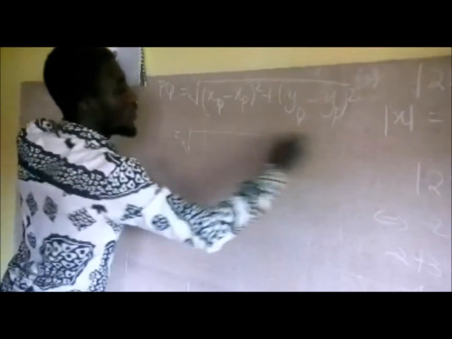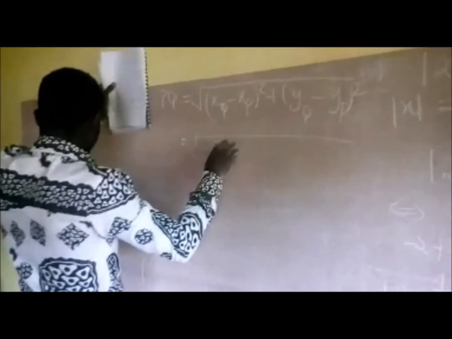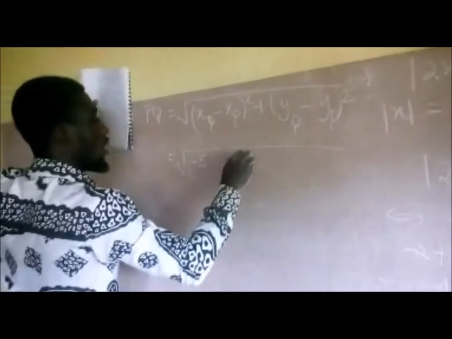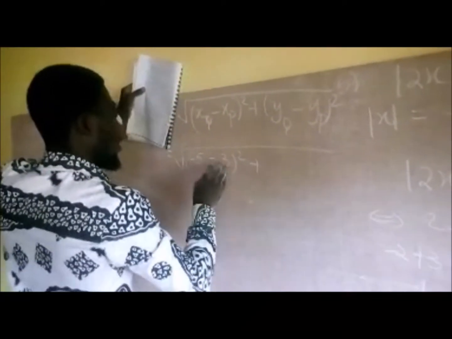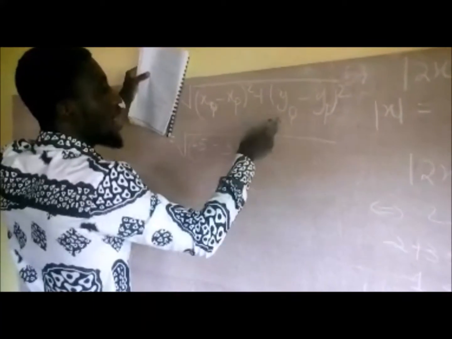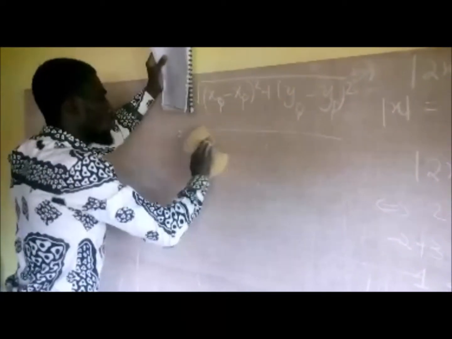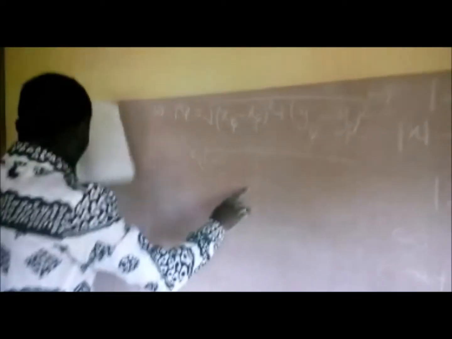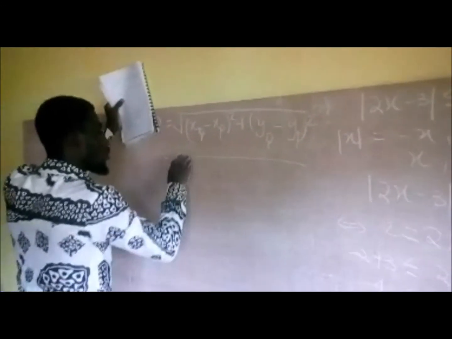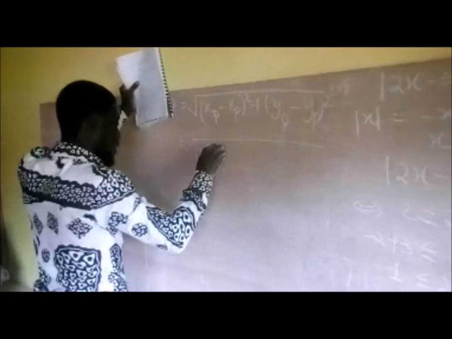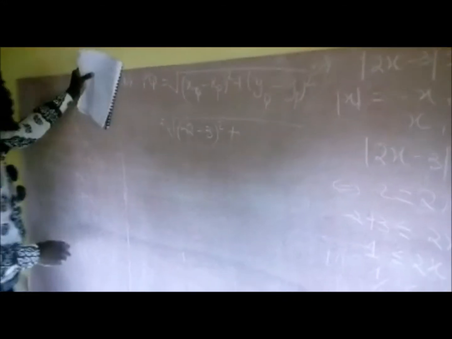Let me just do it like I've written, so it will not be confusing. I'm going to take xq minus xp, which is negative 2 minus 3 all squared, plus yq.